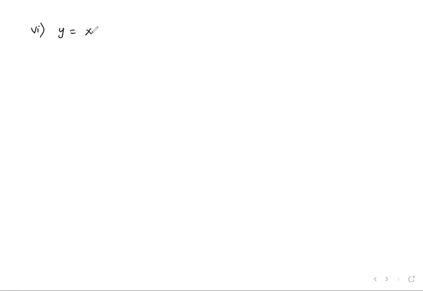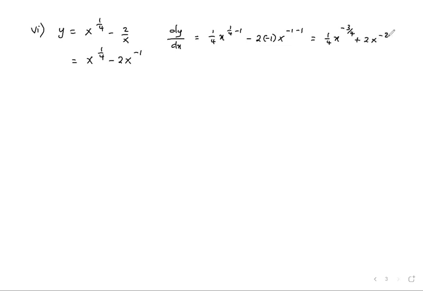y is equal to x^(1/4) minus 2 over x. First thing, you can write this as x^(1/4) minus 2x^(−1), so that you have the power, and then dy/dx becomes (1/4)x^(1/4 − 1) minus 2·(−1)x^(−1 − 1), giving us (1/4)x^(−3/4) plus 2x^(−2).